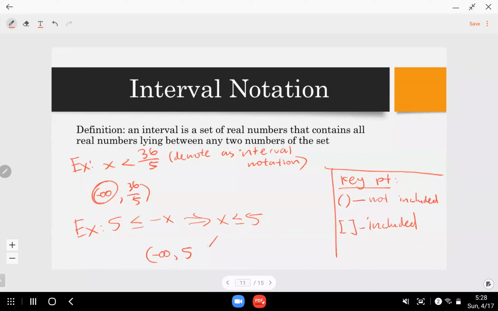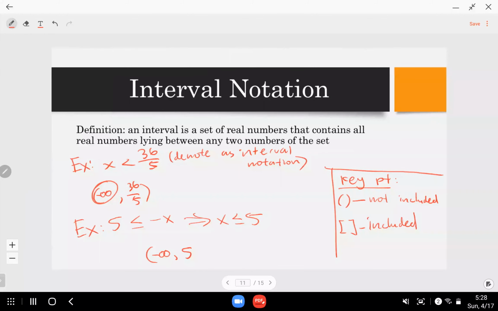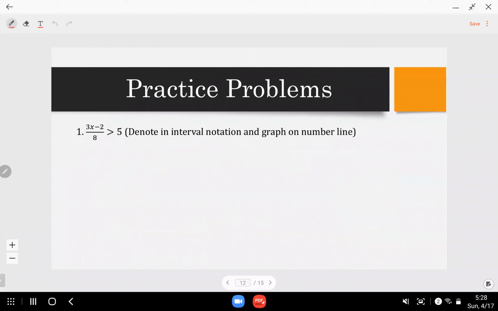And what is this bracket? The last bracket? It's a square bracket. Yes, it's a square bracket because it's included, right? It can be less than or equal to, so it's included. Very good. Isn't the other one supposed to be a square bracket too?